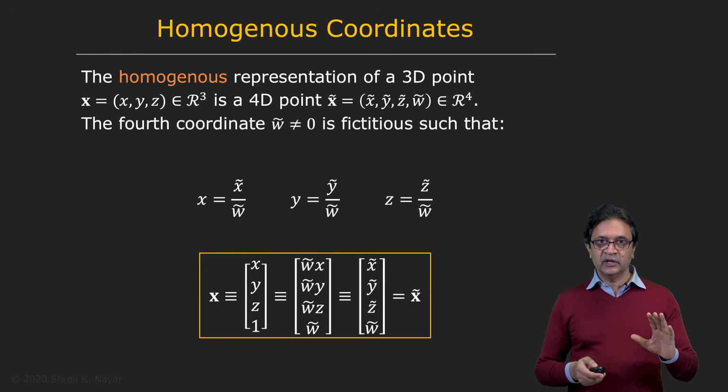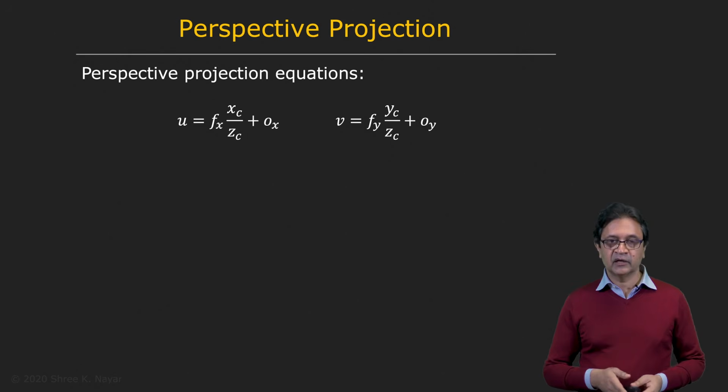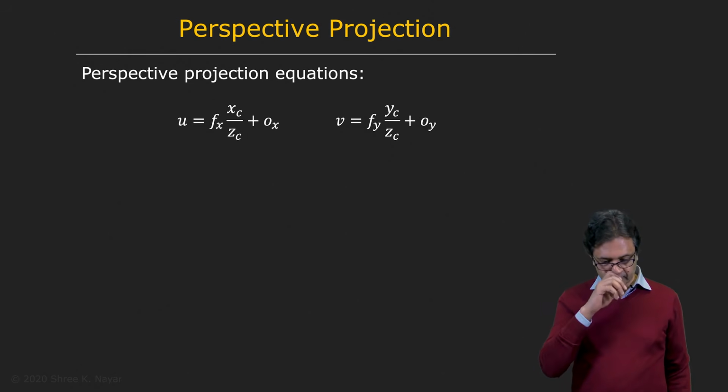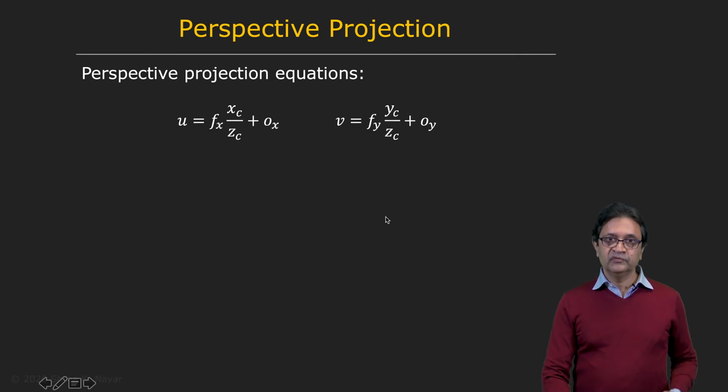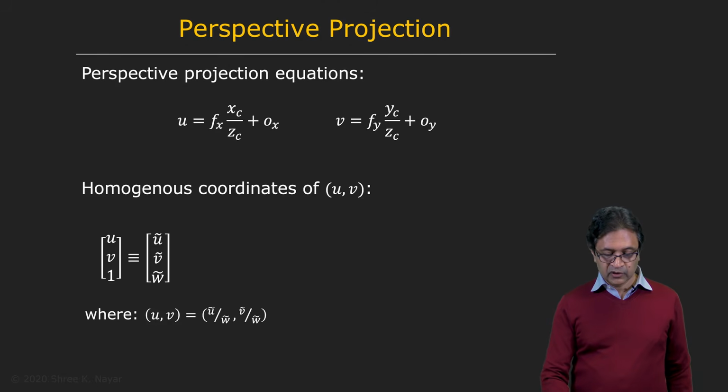All right, with homogeneous coordinates in place, we can come back to perspective projection. Here you have the two equations we have been discussing thus far, and now we can express uv, the pixel coordinates, using homogeneous coordinates. We can say it's uv1, which is equivalent to uv1 multiplied by any constant, let's make that constant zc.